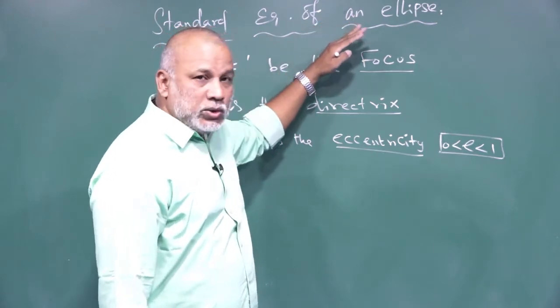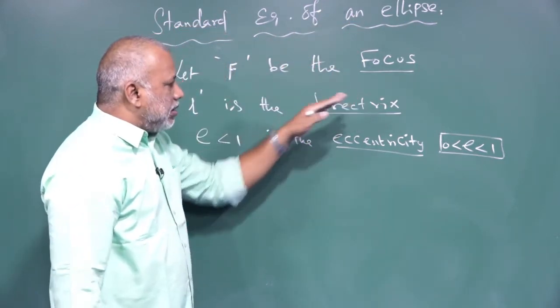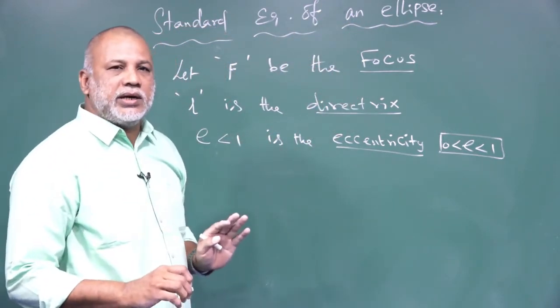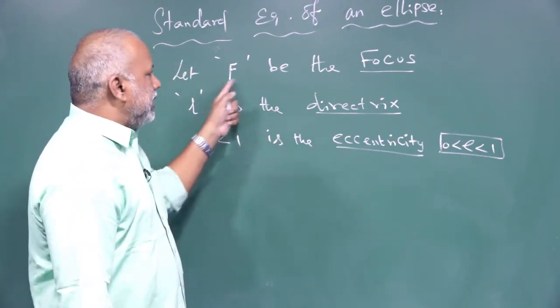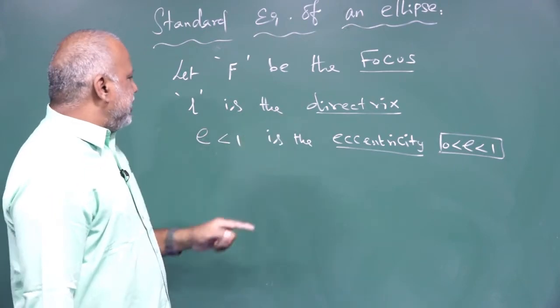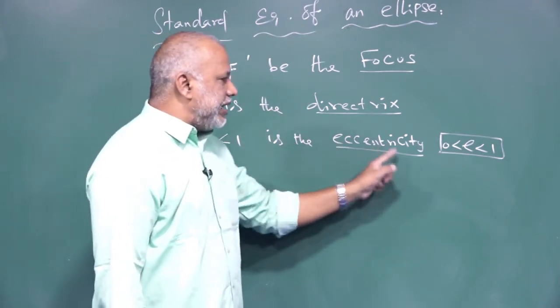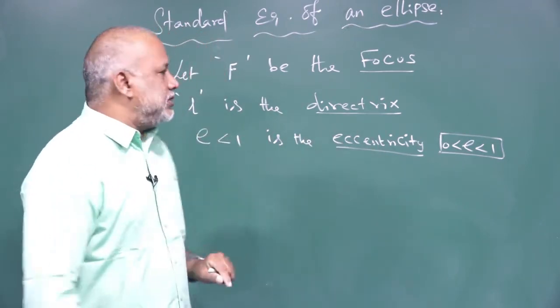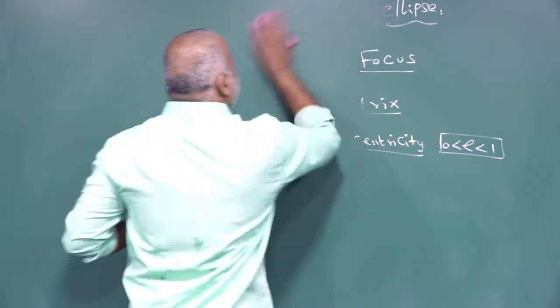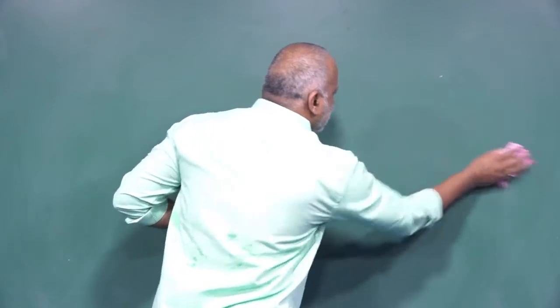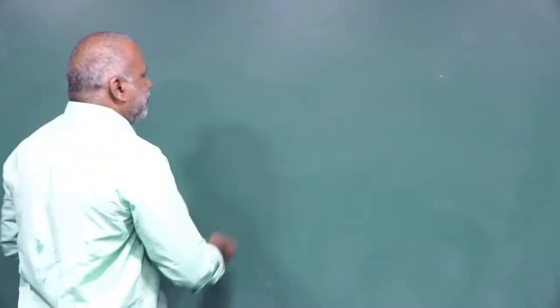Now we are going to draw all these concepts in a diagrammatic explanation. Listen carefully. Take down these words: let F be the focus, L is the directrix, E less than 1 is the eccentricity of an ellipse. Now I am going to draw these concepts in a diagram.